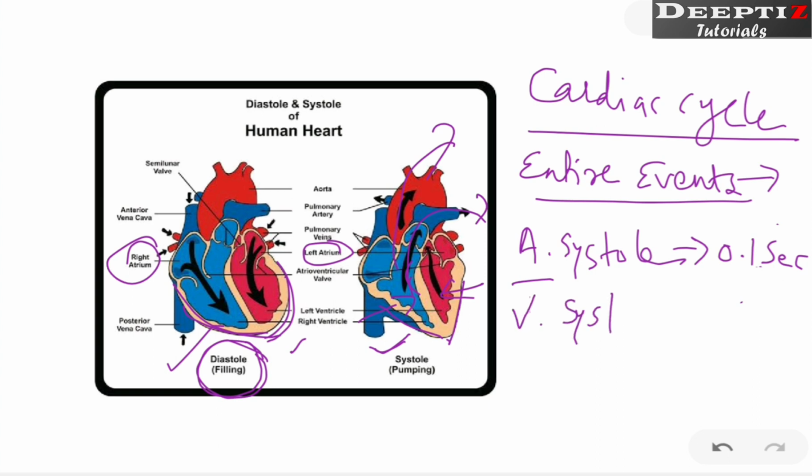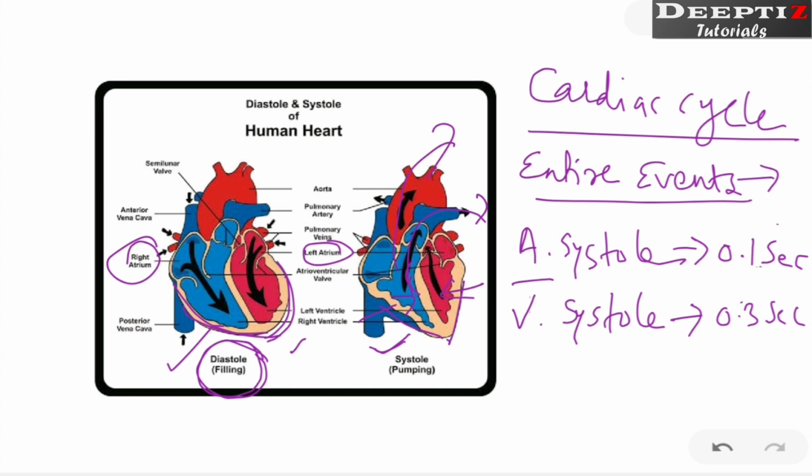Ventricles contract at a time for pumping the blood for around 0.3 seconds. So you remember it this way. When auricles are contracting, ventricles are relaxing. When ventricles are contracting, auricles are relaxing. It is in an opposite way.